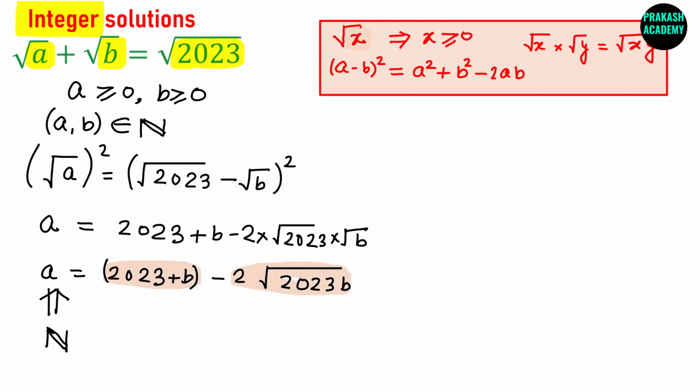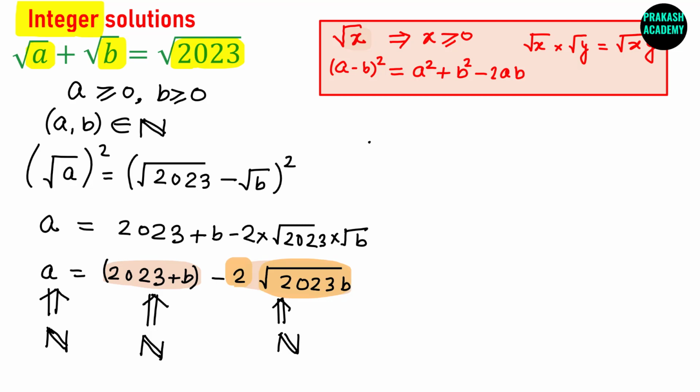Both terms have to be natural numbers. So this belongs to the natural number set, and this also belongs to the natural number set. And 2 is a natural number. This means the product of these two things also has to be a natural number. This means the second component also has to be a natural number.